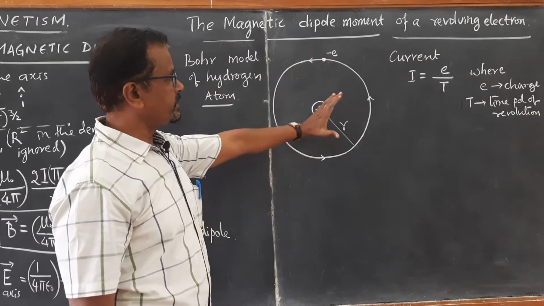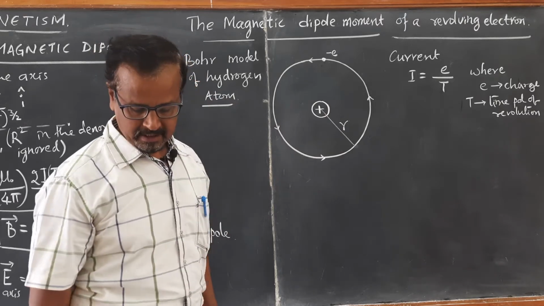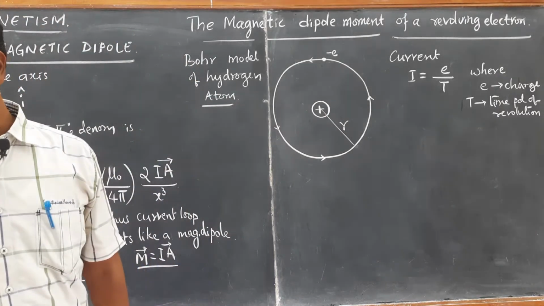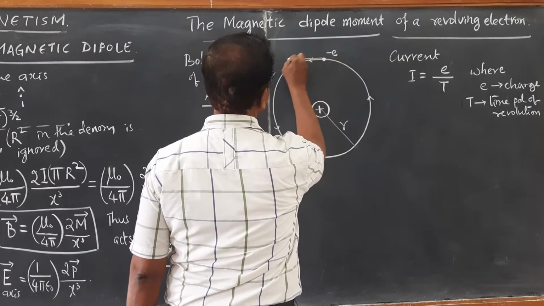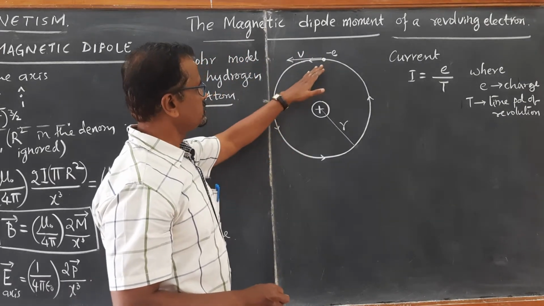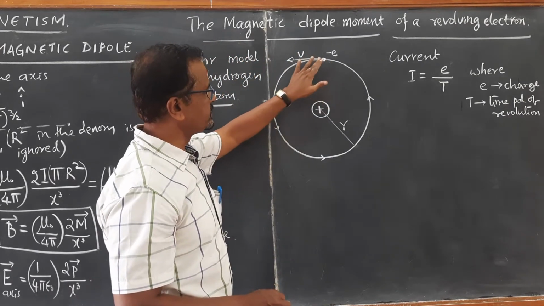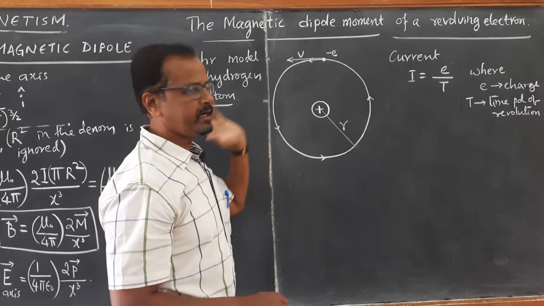We will calculate the time taken for one complete revolution from the speed of the electron. The speed of the electron is calculated as the linear speed, tangential to the orbit. Linear speed is the complete distance for one revolution divided by the time taken.